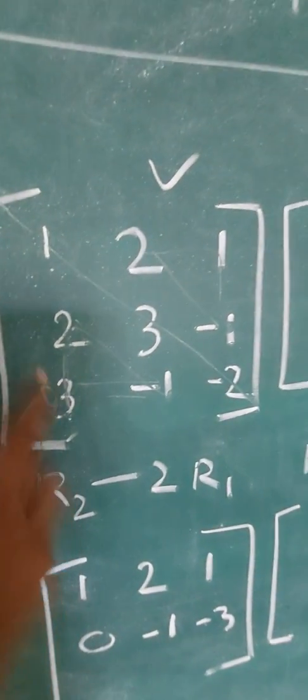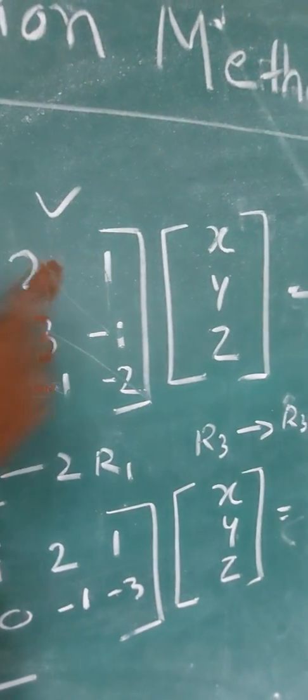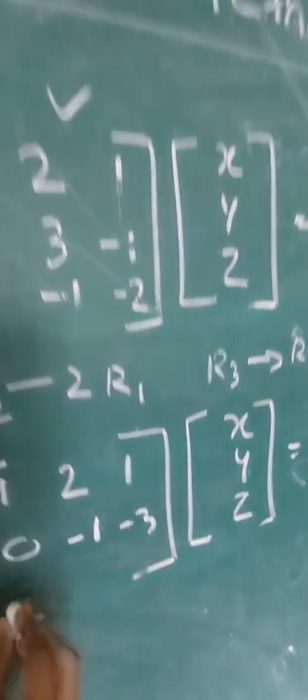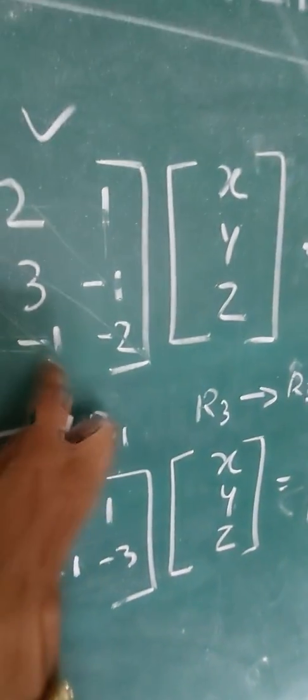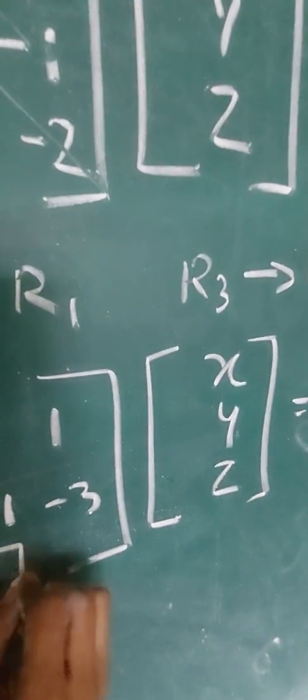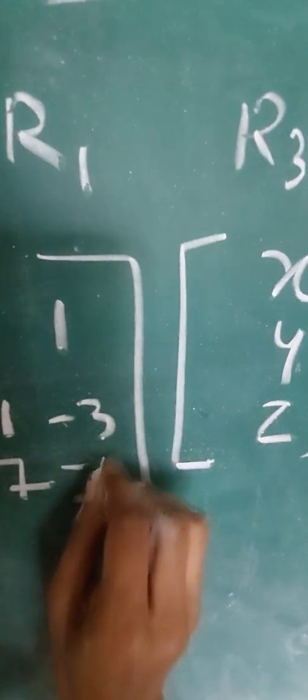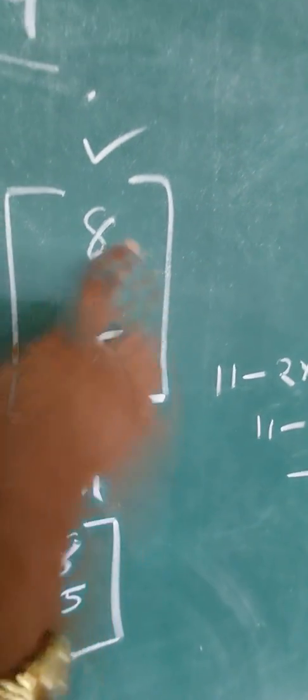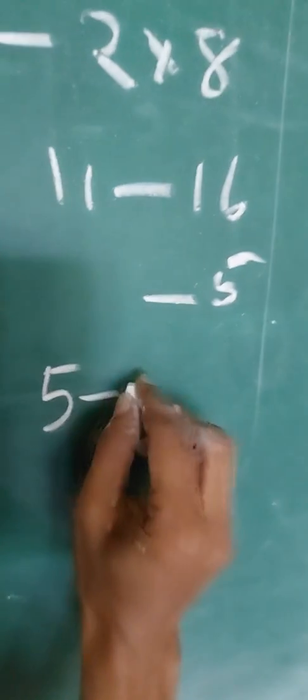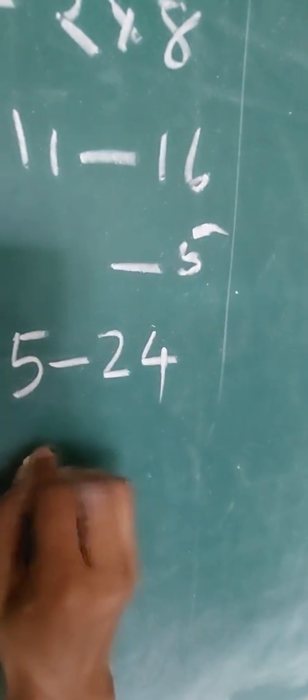So, here this will be 3, 6, 3. 3 minus 3, 0. Minus 1, minus 6, minus 7. Minus 2, minus 3, minus 5. Same changes here, R3 minus 3R1. 5 minus 3 into 8. 5 minus 24, that is minus 19. Here last row minus 19.